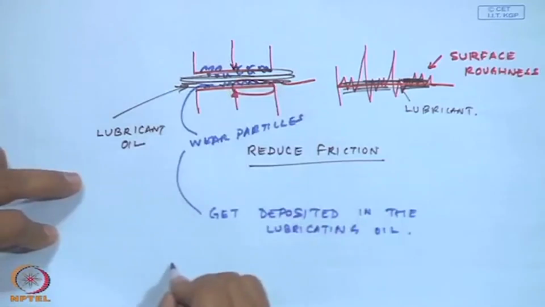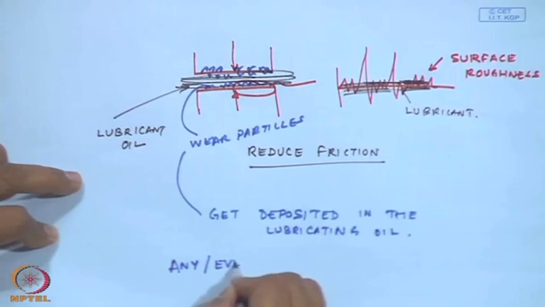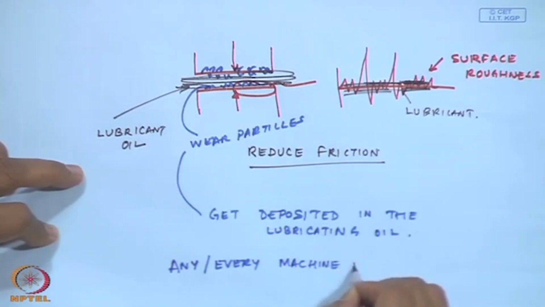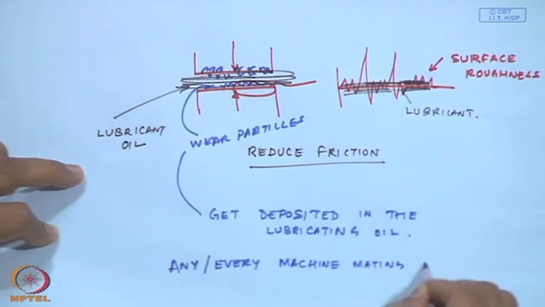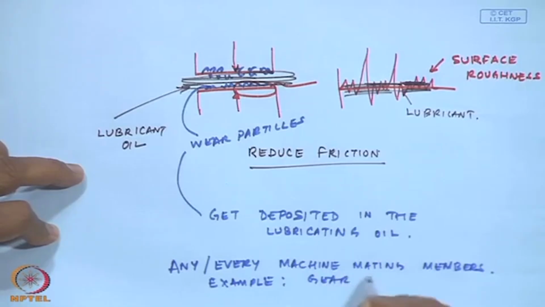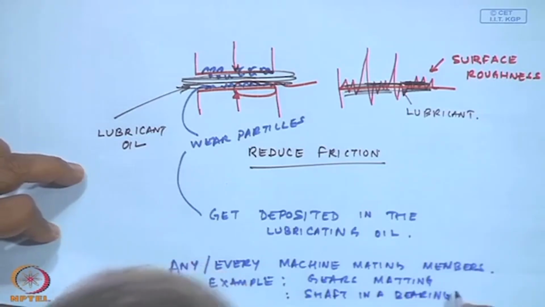So, this happens in any or every machine with meeting members. Example, gears meeting, a shaft and a bearing, could be a bush, could be a journal, could be anti-friction.